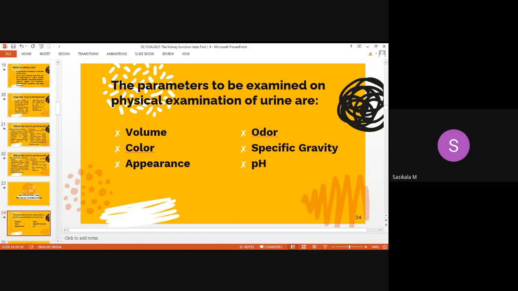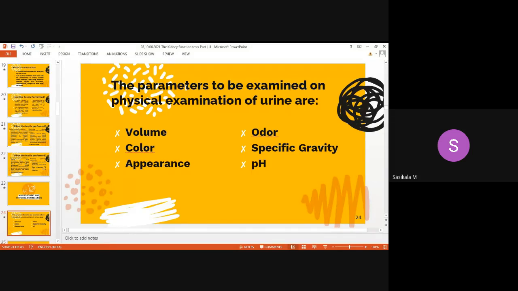Volume of the urine: how much in ml, what is the normal output, what is the actual output for the individual patient. And then color of urine: what color it produces, what is the normal color of urine. Definitely a color change will indicate the presence of some diseases, so that is observed.